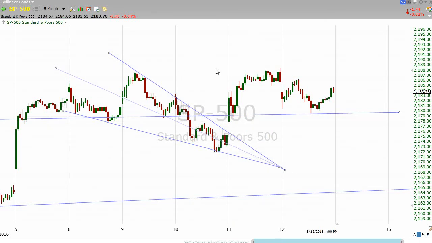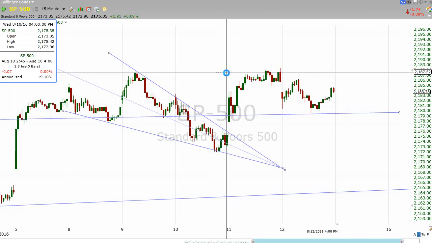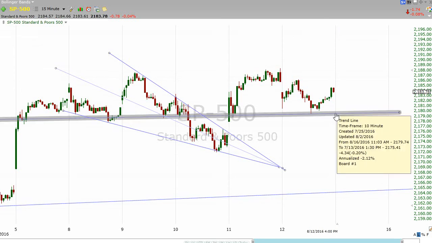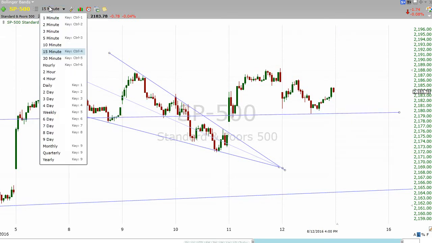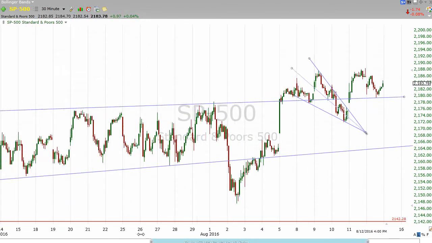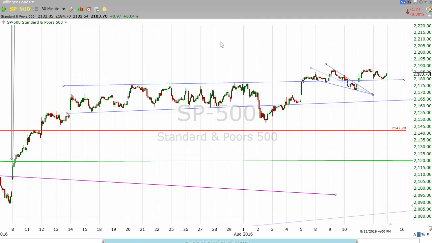That wedge indicated we would be re-challenging the mid to high 2180s, which we did. Interesting to note too that on Friday we bounced on this line right here, and that is the resistance line that we'd been looking at for about the past 3+ weeks.